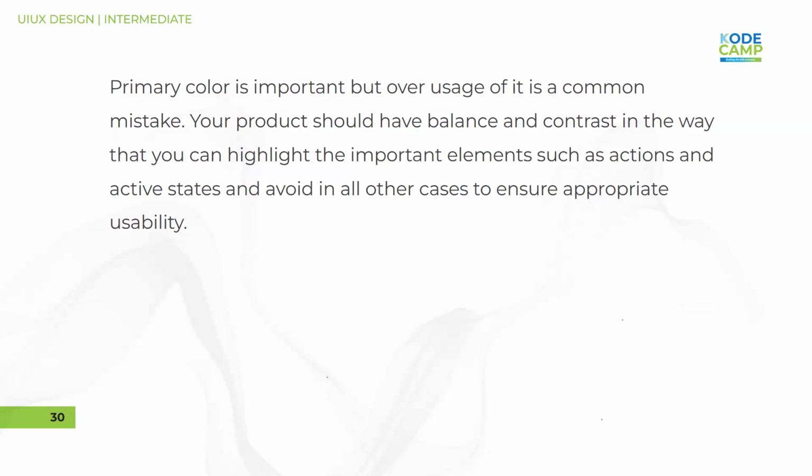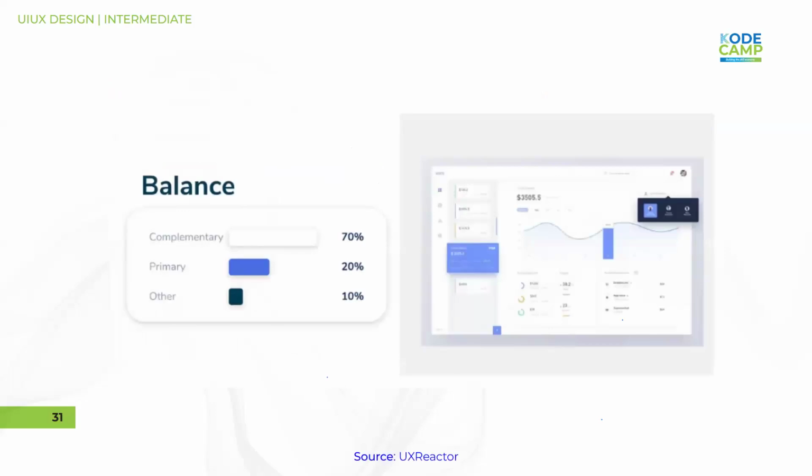Okay, so design is basically about balance, which has to do with contrast and hierarchy. So look at this particular image here. You can see that the primary color here is just 20% of usage.